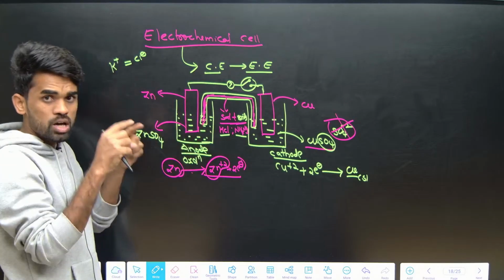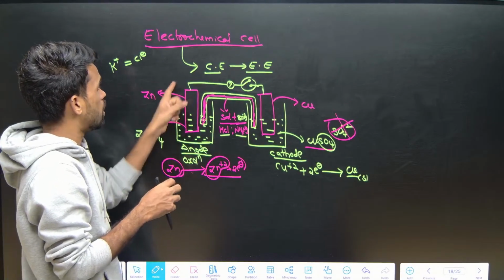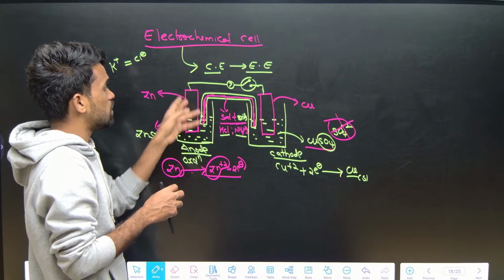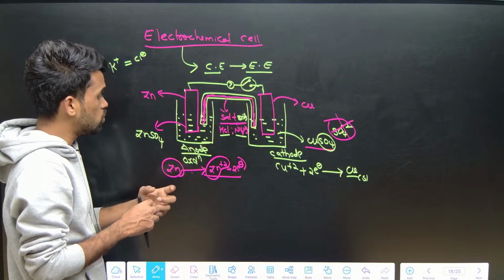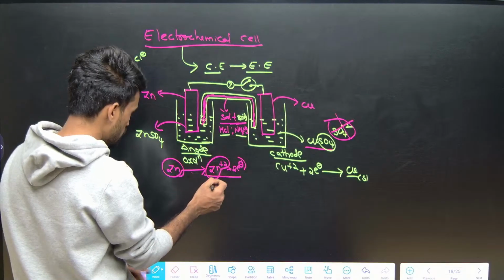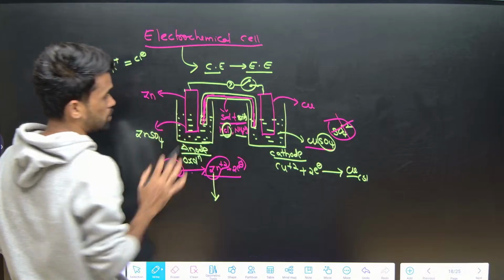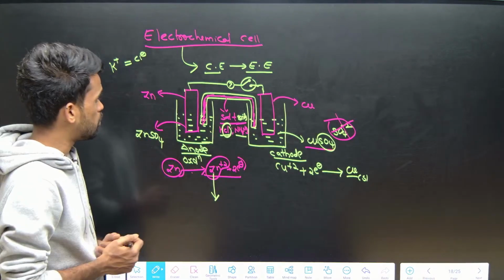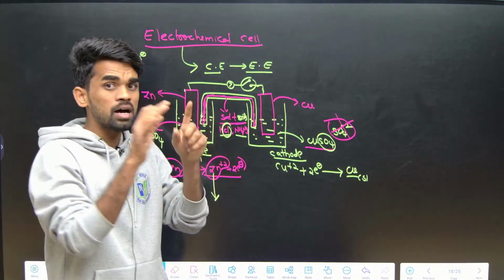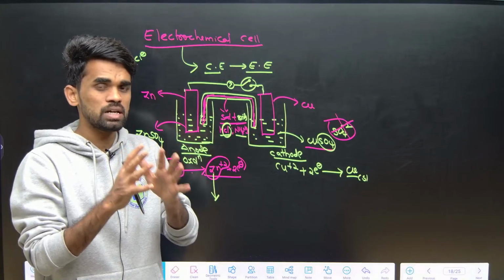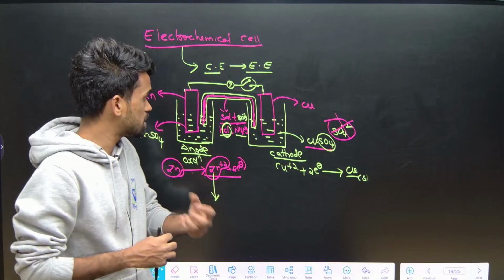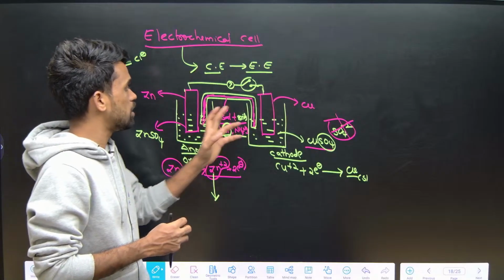The solution gets positive charge, so it won't allow the transfer of electrons from here to here. So whatever cations are forming, we should neutralize them. That can be done by the anions present in the salt bridge. Now what is the help of the salt bridge? First of all, it will complete the circuit, and next it will maintain electrical neutrality.